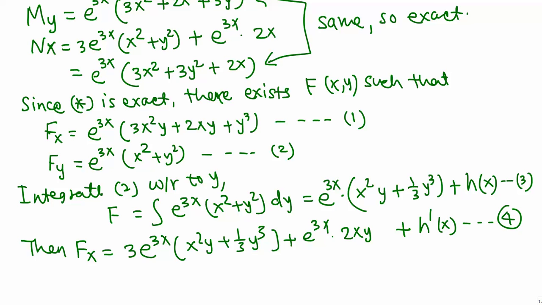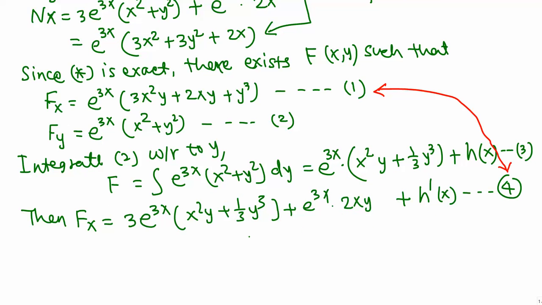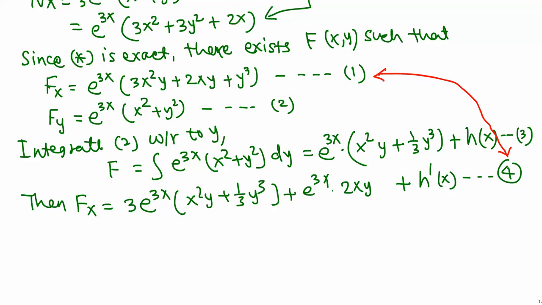Now we compare f_x in 1 and 4 in this case, to get the value of h. If we compare, okay, this is not simplified. Maybe we can simplify this and compare. So let me back up a little bit and rewrite this, simplified.